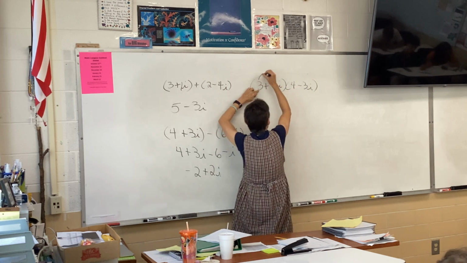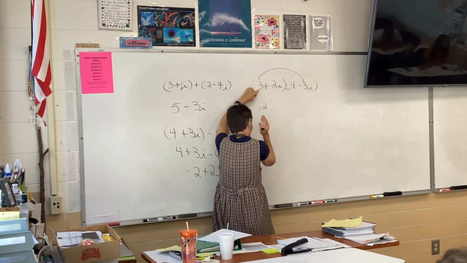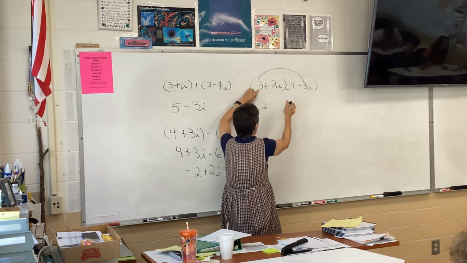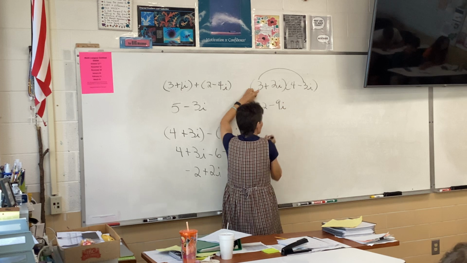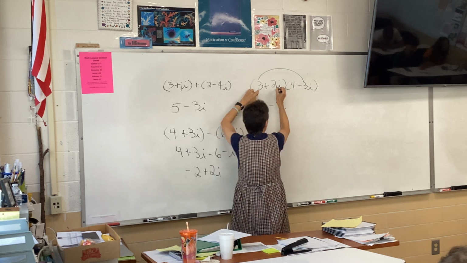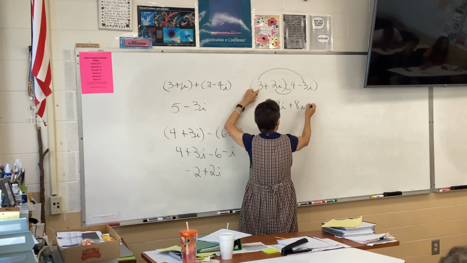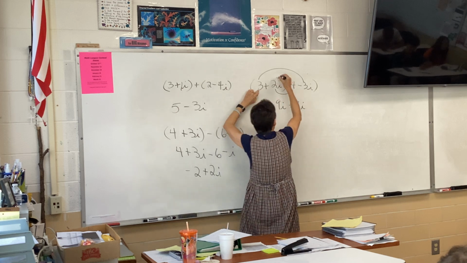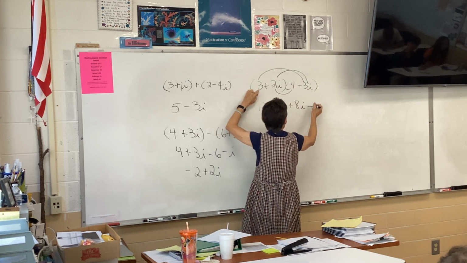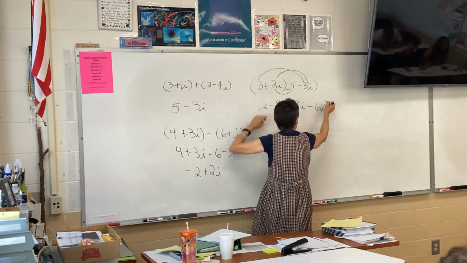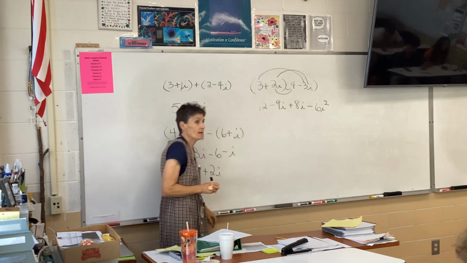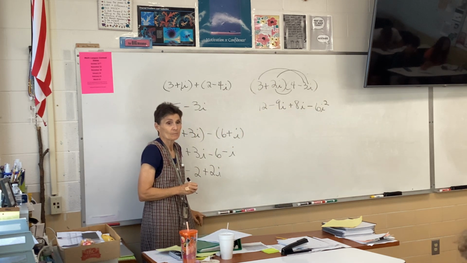Outside, some of you do this and that's fine, to keep your eyes focused. That would be negative 9i. This would be 8i. And this would be negative 6i squared. Take a minute, digest that, make sure you're okay.